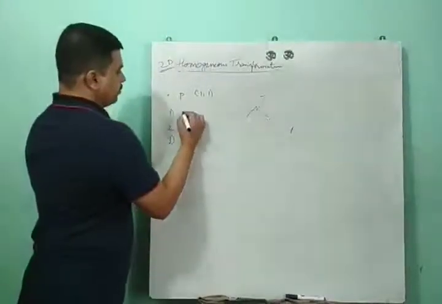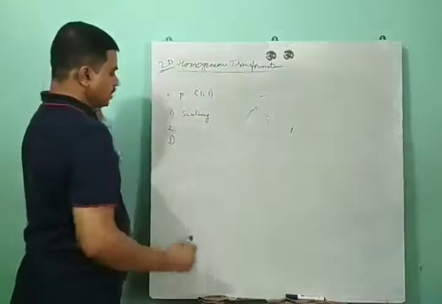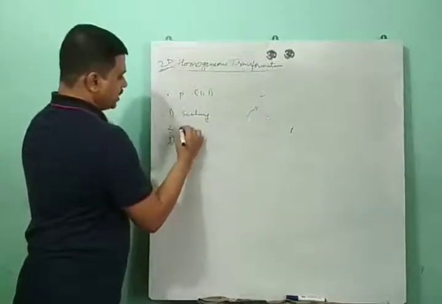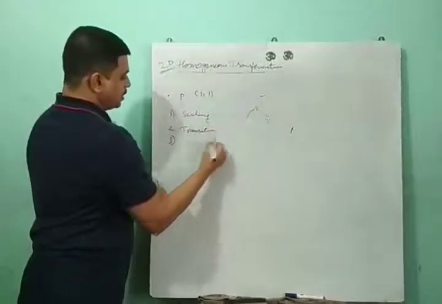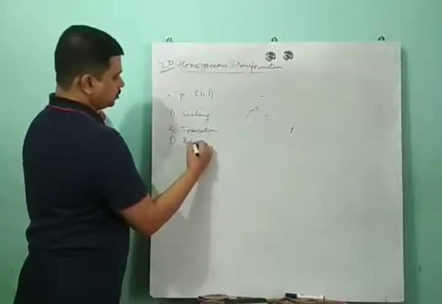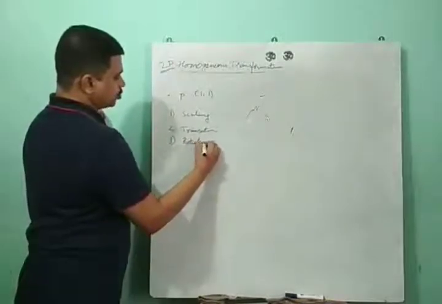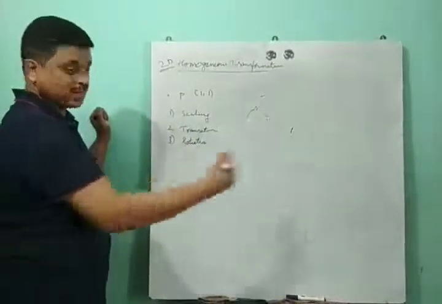The first operation may be a scaling. Then the second operation may be a translation. Then the third operation may be a rotation operation. And we have to follow these steps in sequence.